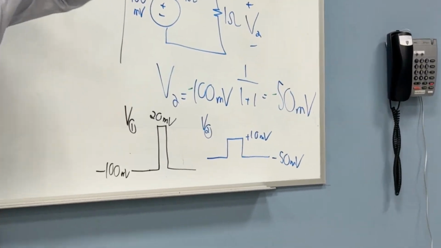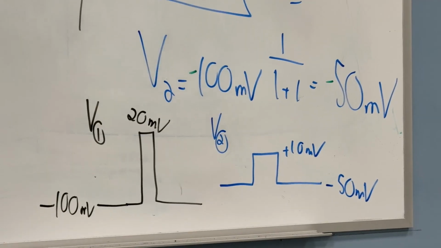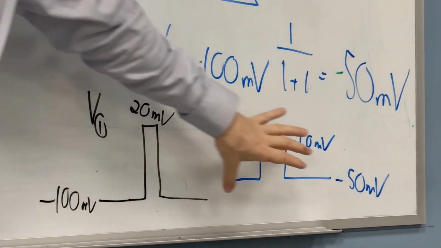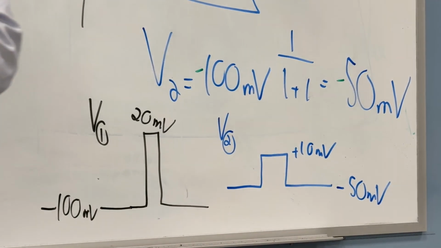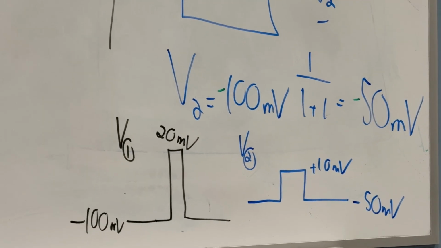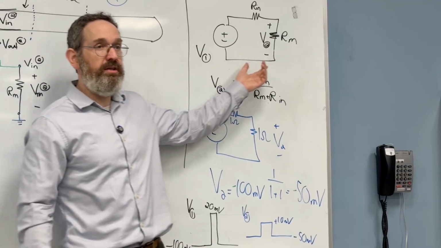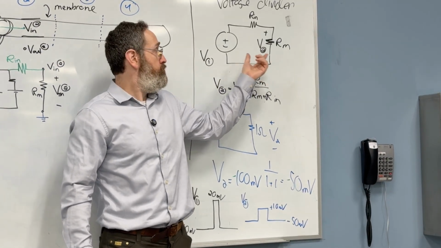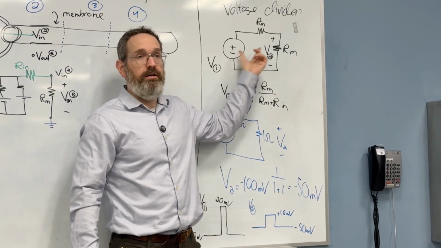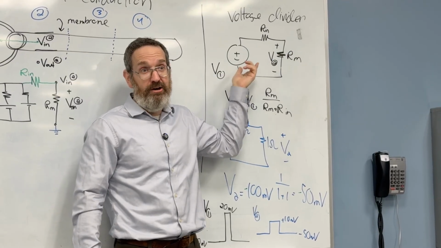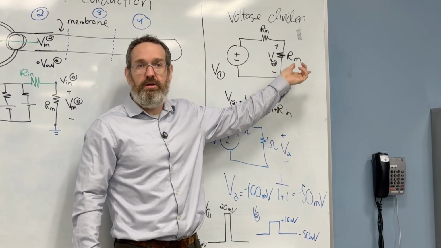V2 would also start negative, go positive, and then come back, but it would be damped. Okay, you follow me? So that's a review of voltage divider. It transfers a voltage here, and it transfers a voltage down the line to another position.